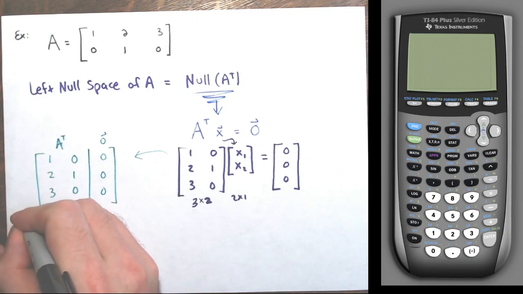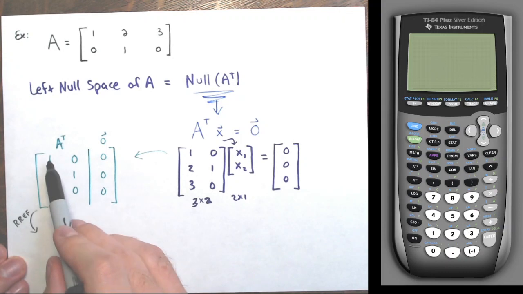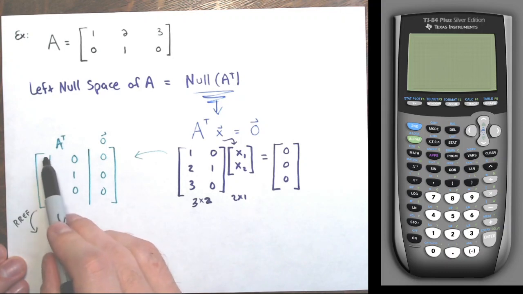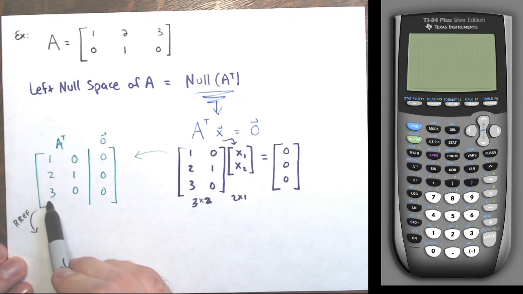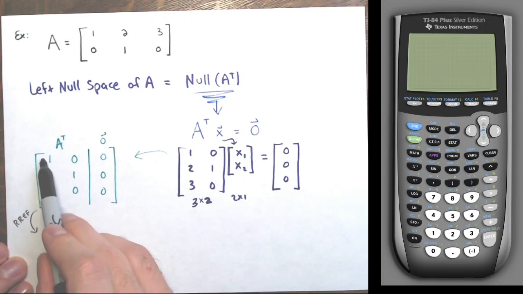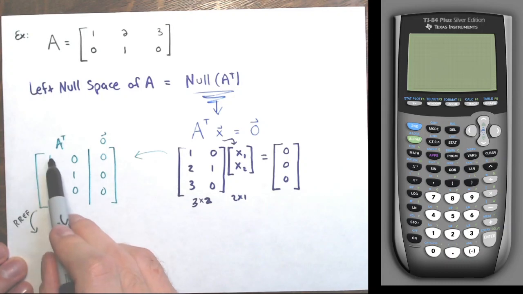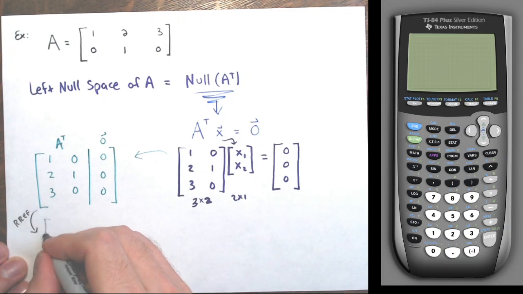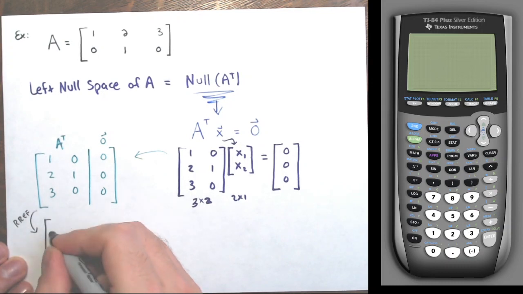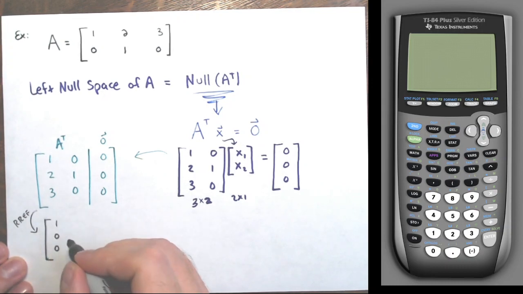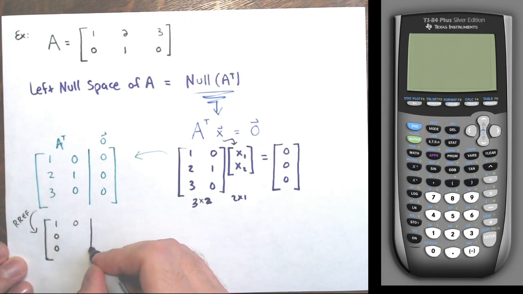Reduced row echelon form. This leading one up here, that's a pivot position, right? And then I would get zeros below it by -2 times row 1 plus row 2, -3 times row 1 plus row 3. All right, so I definitely have the 1 and then zeros below it. I wouldn't be changing the first row at all.